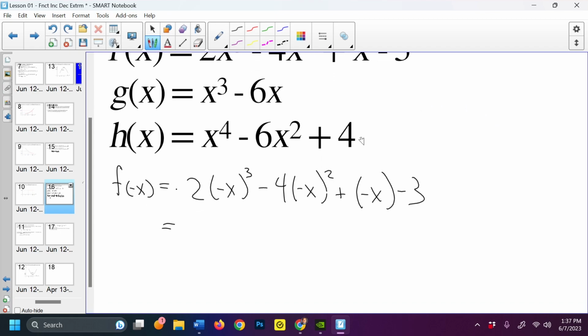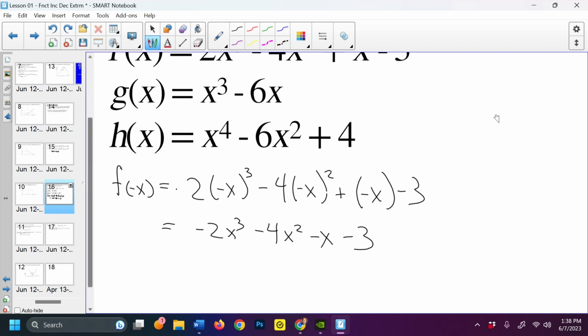Negative x to the third is negative x to the third, times 2 would be negative 2x to the third. Negative x squared is just x squared, leaving me negative 4 times x squared. Minus x is negative x, and then I get the negative 3.